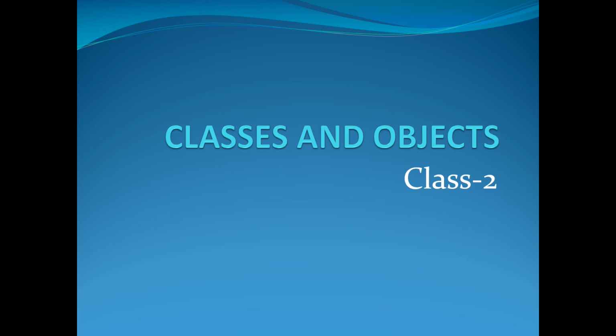Welcome to class 2 in the chapter Classes and Objects. Before getting into class 2, we'll see what topics were covered in class 1. We covered an introduction to classes, class definition and declaration of classes. We also saw the general syntax of class declaration with an example.